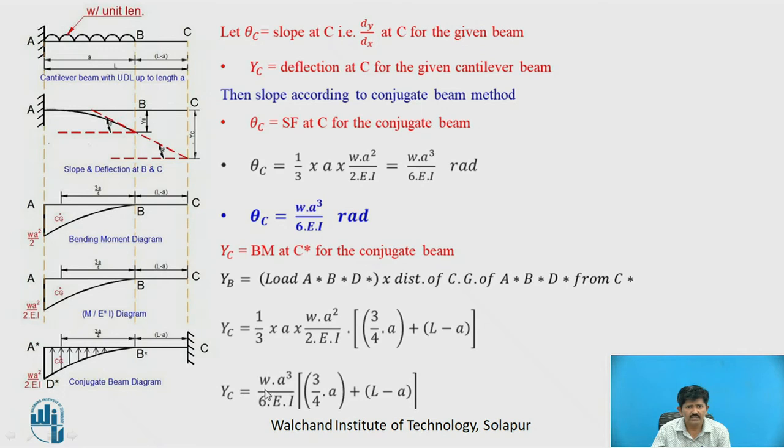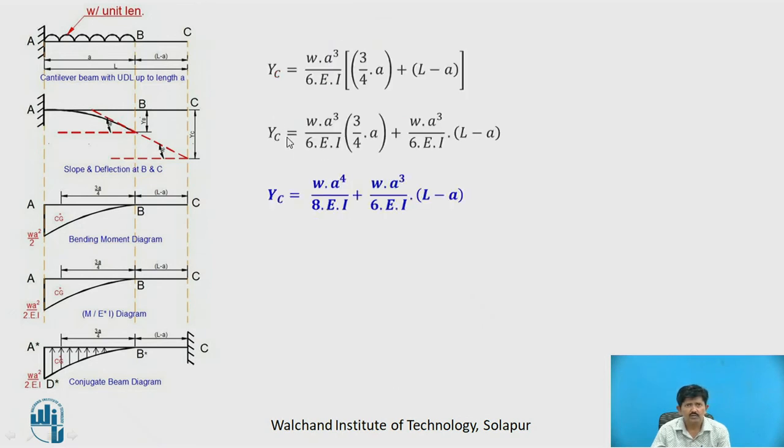So YC is equal to WA cube upon 6 EI into bracket, that is 3/4 of A plus L minus A. So multiplying this WA cube upon 6 EI to this first 3/4 of A, and again multiplying this WA cube upon 6 EI into L minus A, we will get YC is equal to WA raised to 4 upon 8 EI plus WA cube upon 6 EI into bracket L minus A. This is the deflection at C in the real beam.